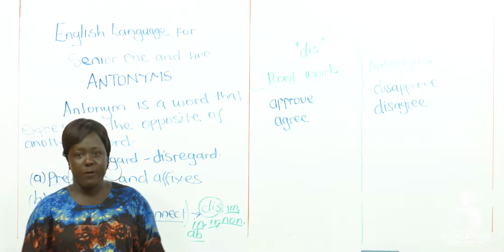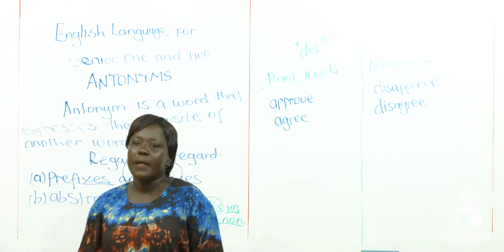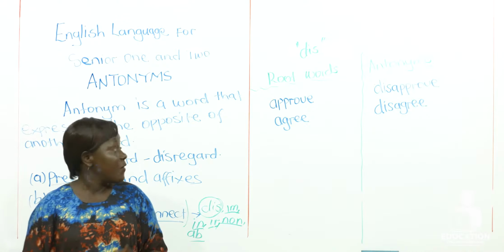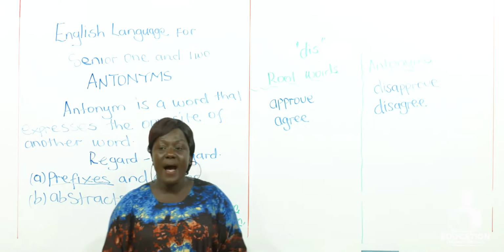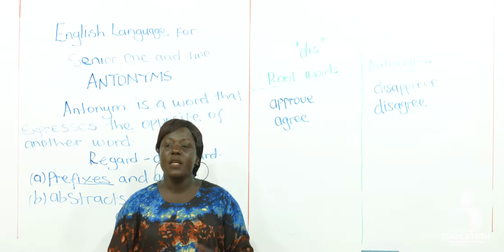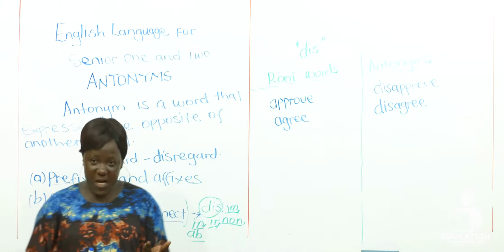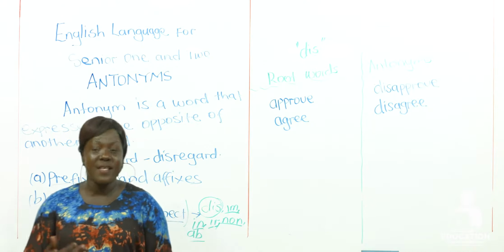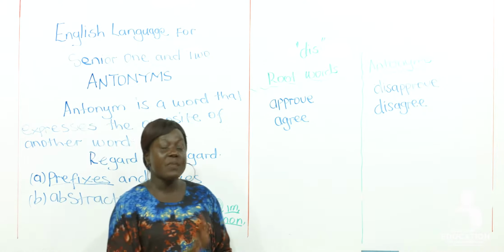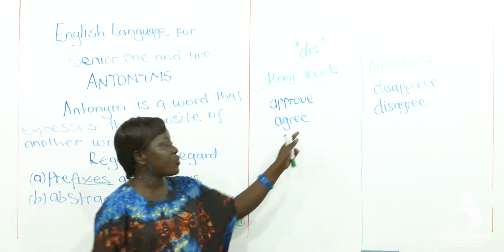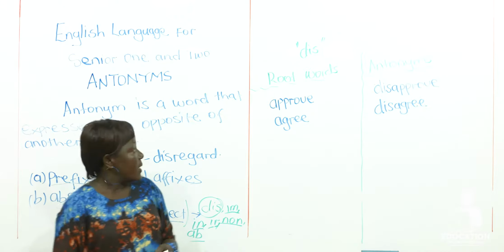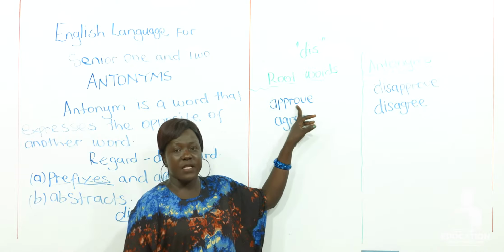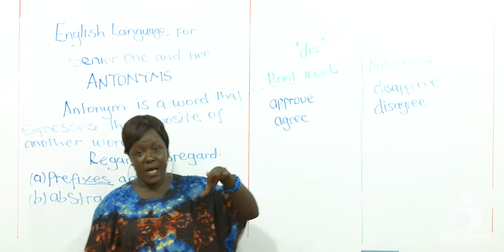Please be very careful when the word is appearing in a particular tense. For instance, if the word appears in past tense, please make the opposite to be past. If the word appears in present tense, please maintain the tense in the root word. For instance, disapprove is infinitive. It is present tense.